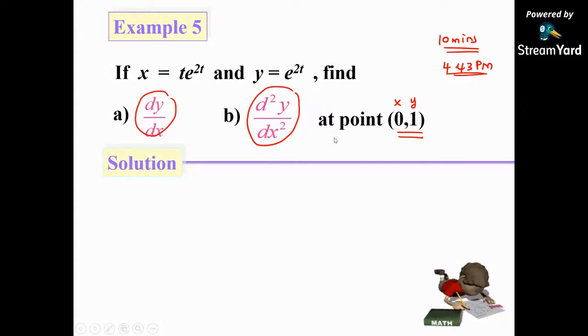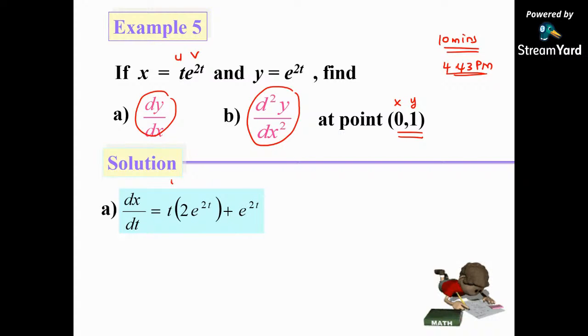Okay, let's see. So what we have here is x equal to t e to the power of 2t. Of course we're going to use the product rule for them. So one of them will become the u, another one will become the v, and then we're going to differentiate them. Okay, so basically u is equal to t, v is e to the power of 2t.